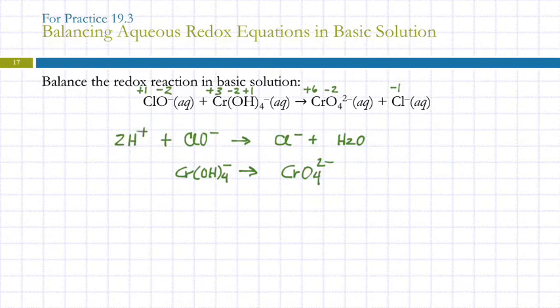Then basic solution, how do we get rid of the hydrogen ions? Add 2 hydroxides to each side. So I got 2 OH minus there and 2 OH minus over here. It makes sense to me to simplify it here because it becomes bigger numbers if you let it go on. So these guys, 2 hydroxides and 2 hydrogen ions makes 2 water molecules.